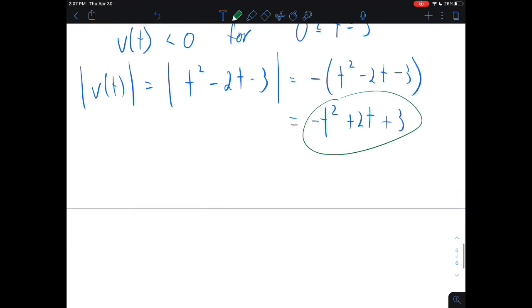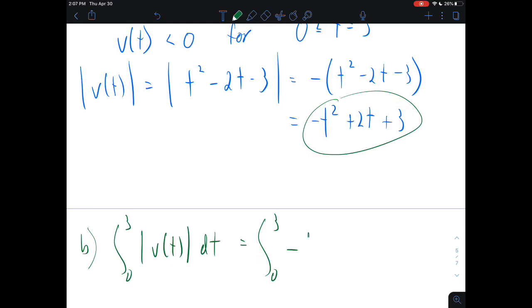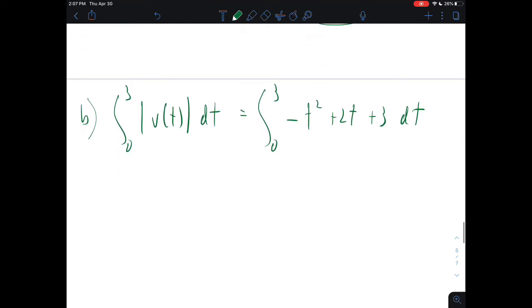So for the answer for part B, we need to find the integral from 0 to 3 of the absolute value of v of t dt, which then turns into the integral from 0 to 3 of negative t squared plus 2t plus 3 dt. And then we're just using our antiderivatives again.